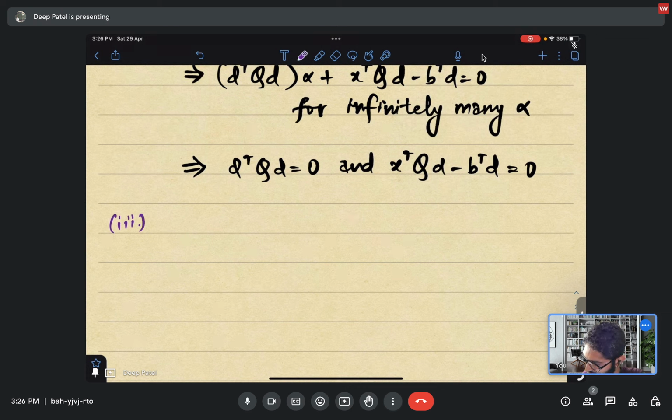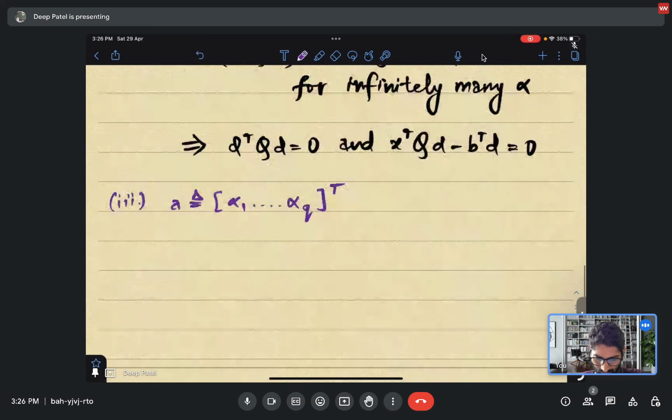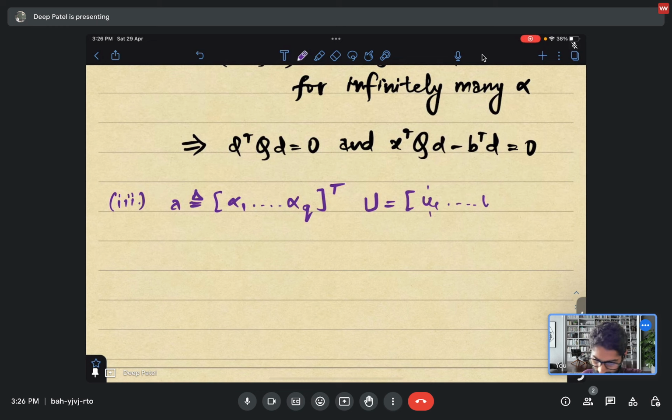So let me define some vectors. Let's call a the vector of these different step sizes, alpha 1 to alpha q. U is a matrix with columns u1 to uq, and we'll change the notation a bit, call this function h of a, which is nothing but f of x plus U times a.